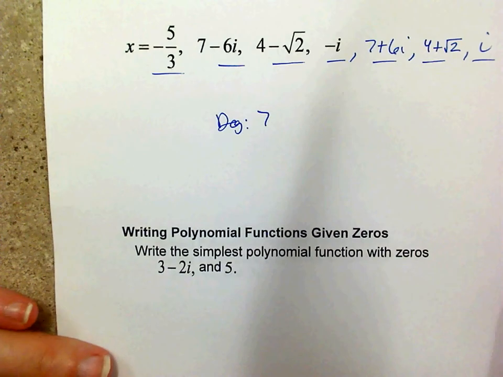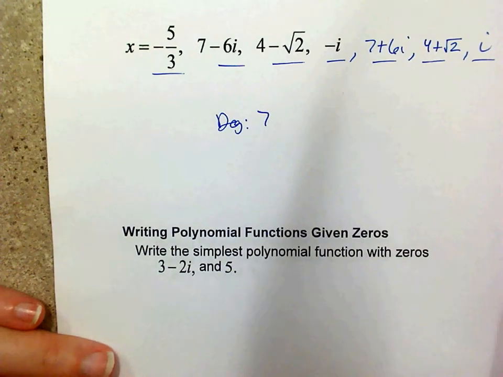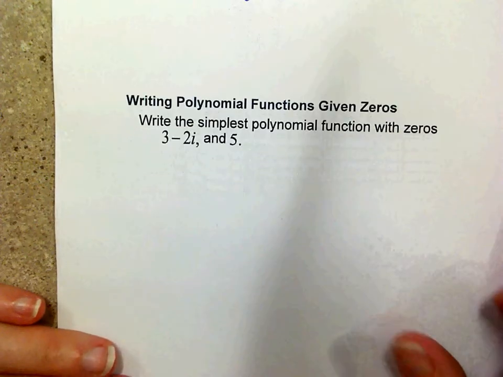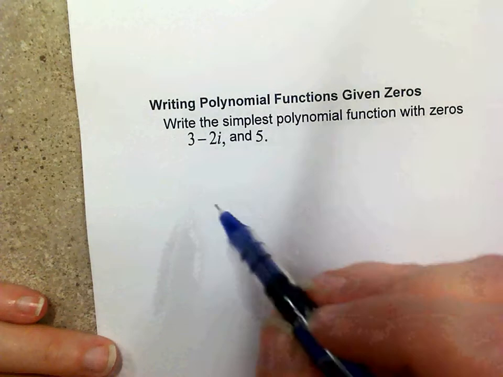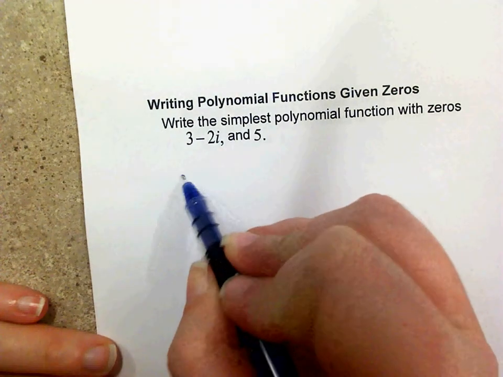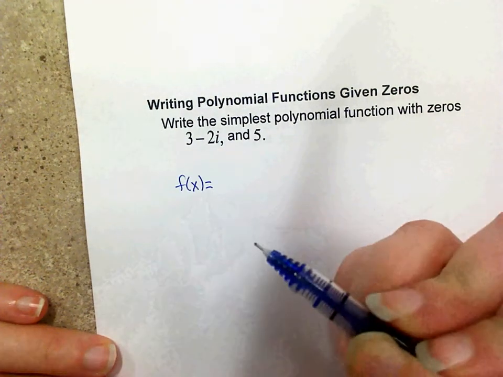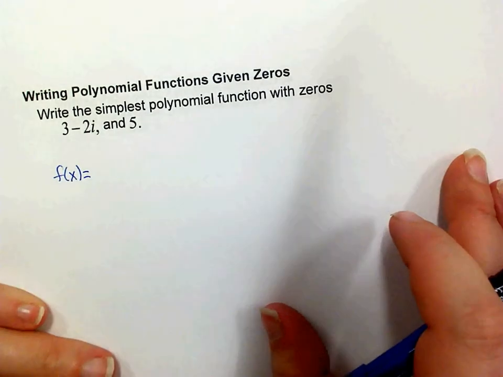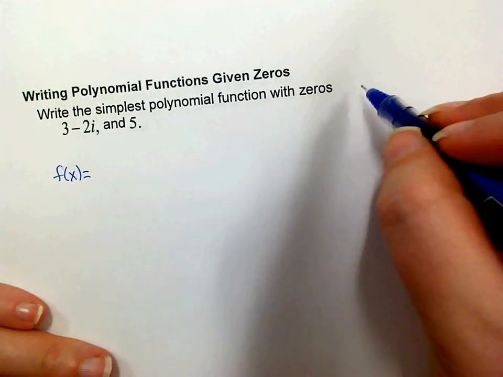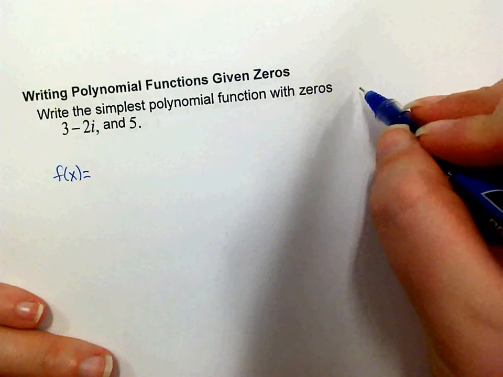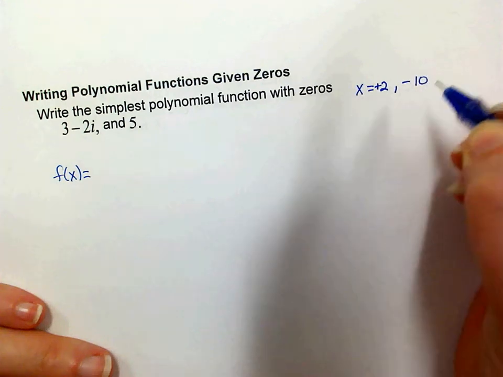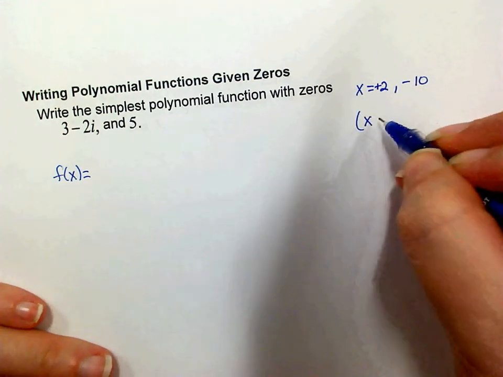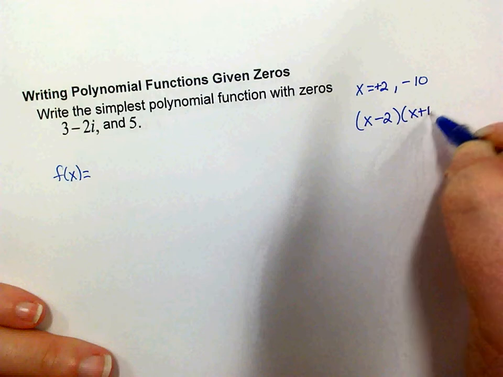For the rest of the lesson, I took everyone through finding the function given the roots. So if you've got 3 minus 2i, first you need to be able to write it in factored form. If I were to tell you that the roots were positive 2 and negative 10, the factored form would be x minus 2 and x plus 10, right?